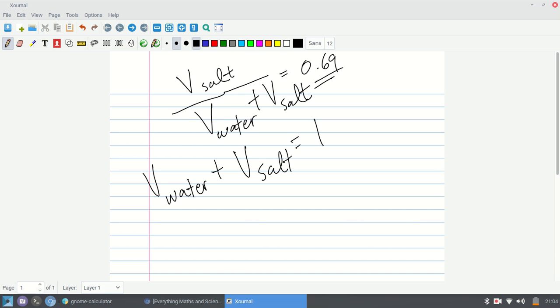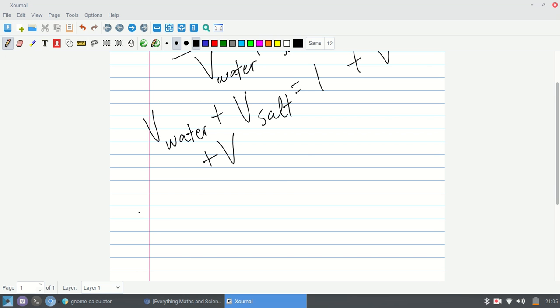That's what they're looking for, right? So how are we going to do this? You need to add more volume of water, right? So basically you need to add some amount of volume to the water, such that this fraction is now 0.5.